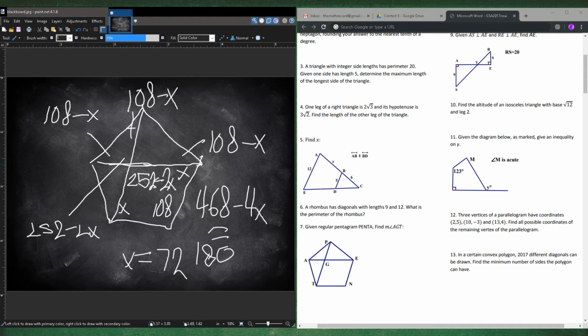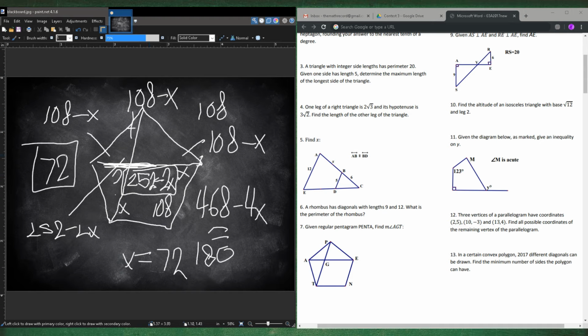Now we look at this line, because that's the angle we want to find, AGT. We just plug x equal to 72 into here. So 252 minus 2 times 72 gets you 108. Since that is 108, 180 minus 108 is 72.